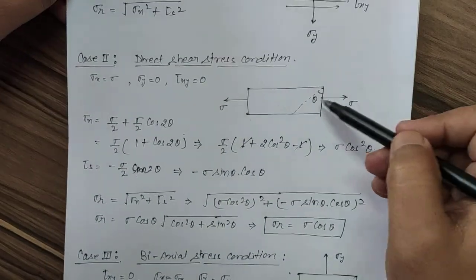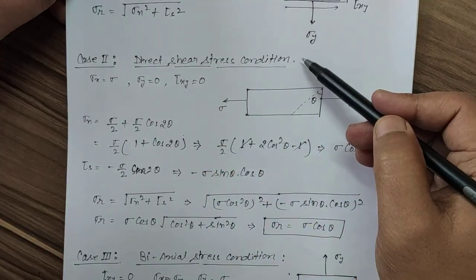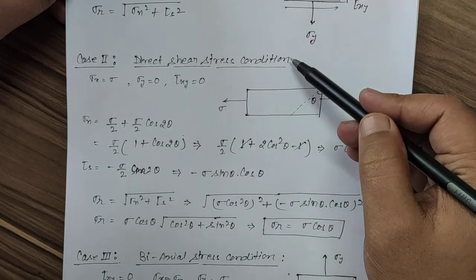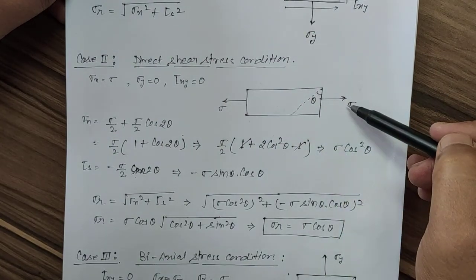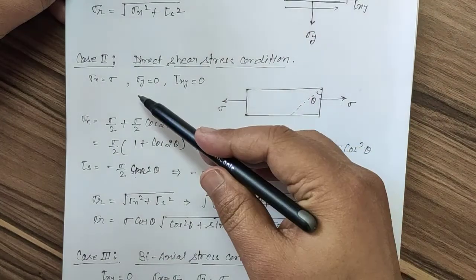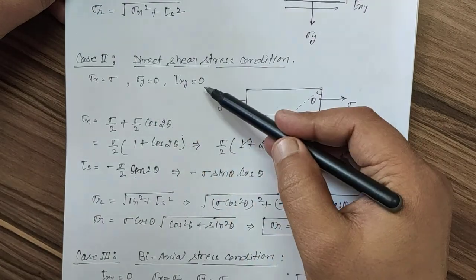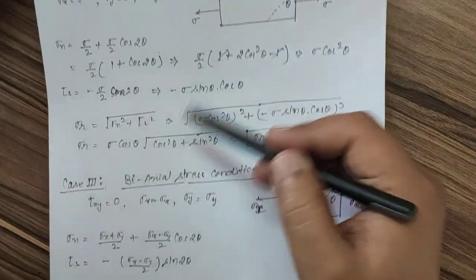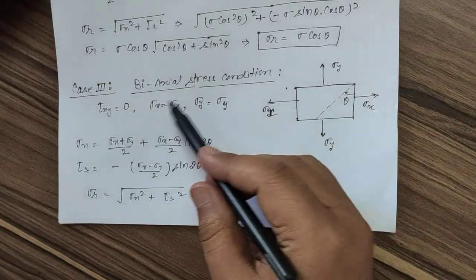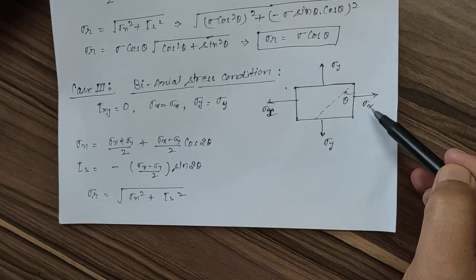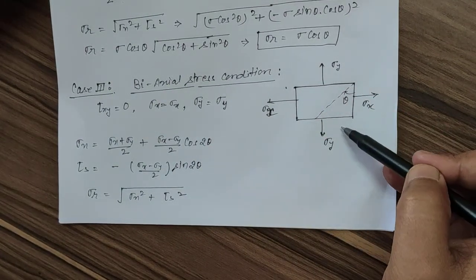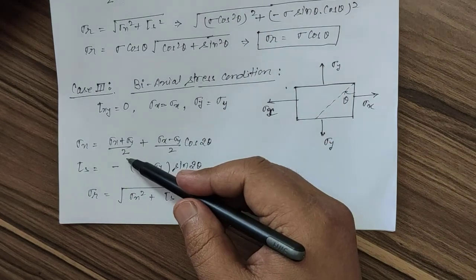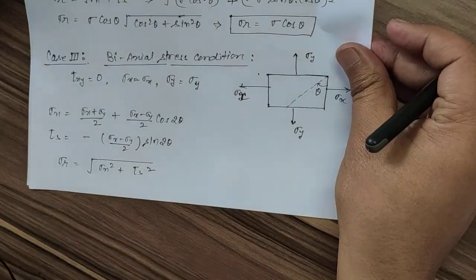First condition we have the unidirectional stress condition. Unidirectional means in a single direction: sigma x equal to sigma, sigma y equal to 0, tau xy equal to 0. Now we have derived that. Then the second case, biaxial, means sigma x equal to sigma x, sigma y equal to sigma y, tau xy equal to 0. So this is for the biaxial condition.